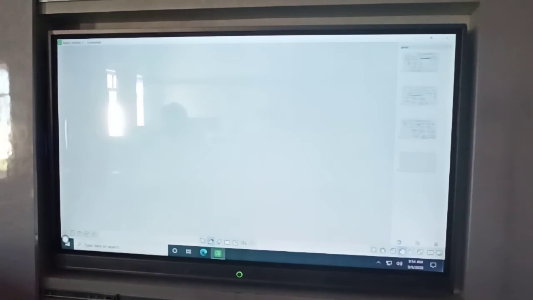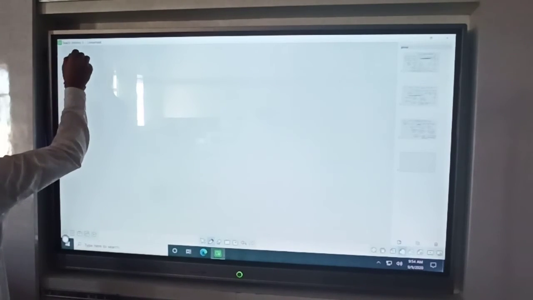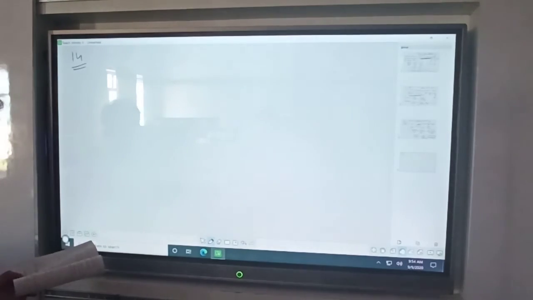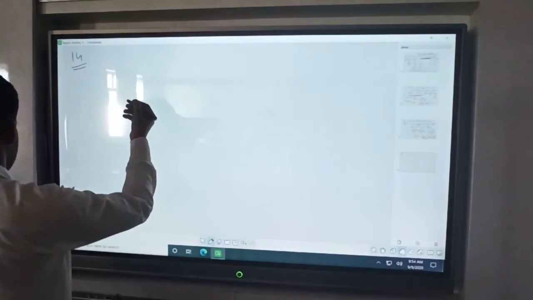One more question. The example number 14. What is given? We have to prove that cot A minus cos A over cot A plus cos A is equal to cosecant A minus 1 over cosecant A plus 1. What is given?